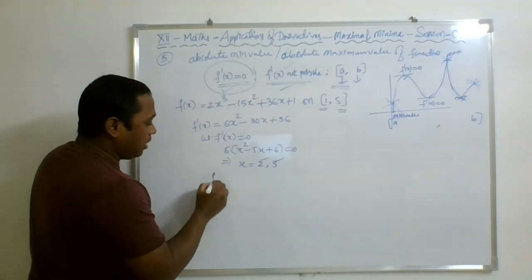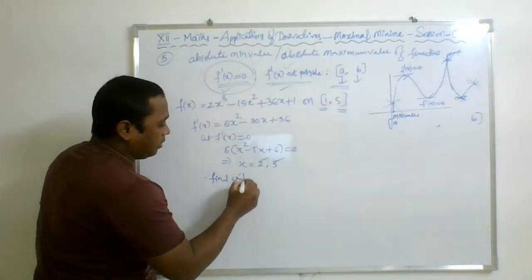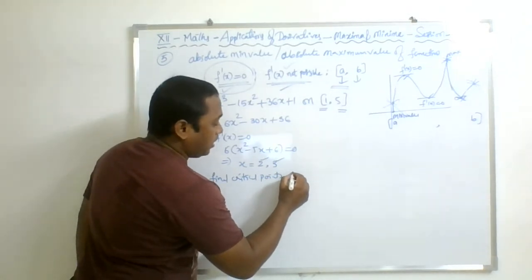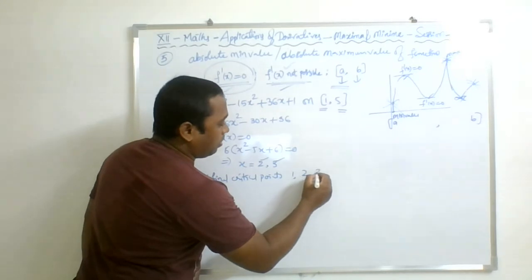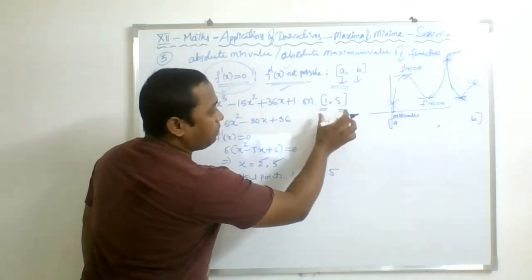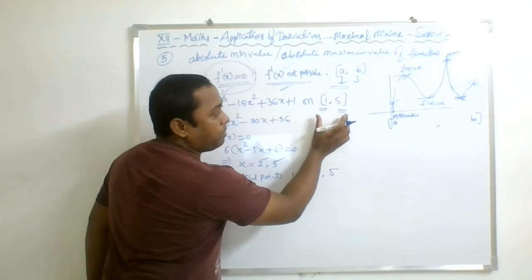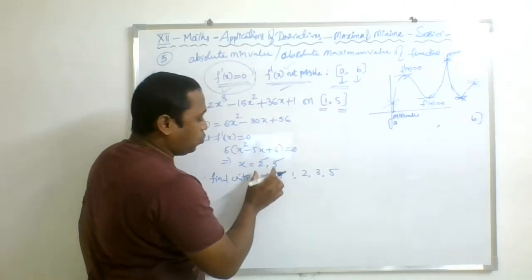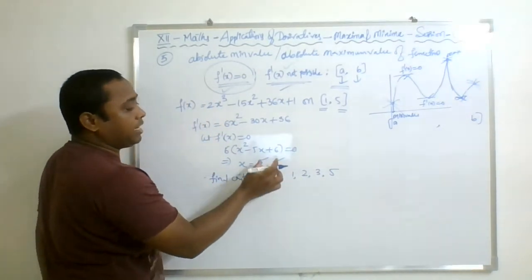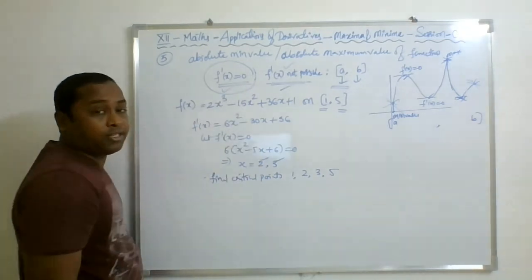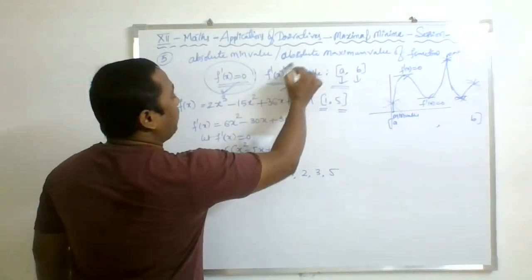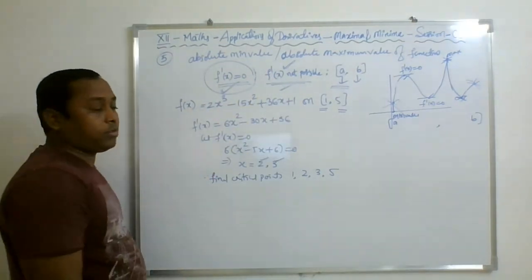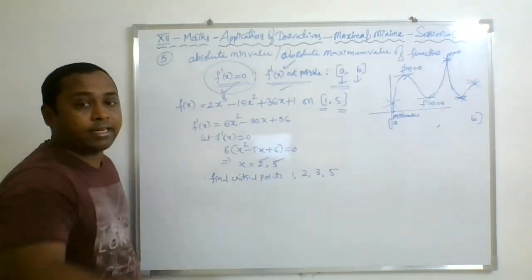Hence the final critical points are 1, 2, 3, 5. 1, 5 must be taken because at these endpoints the function is not differentiable, and 2, 3 must be taken because at these points the function derivative is 0. So we are taking those points where the derivative is 0 or the derivative is not possible. So we got 4 points directly.